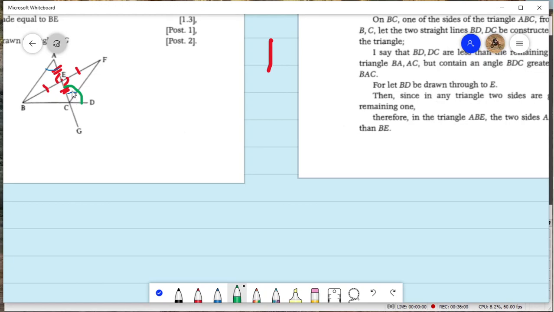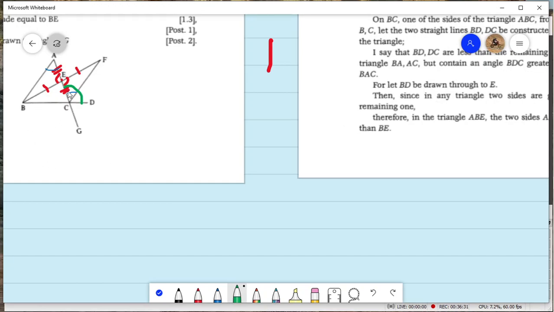Meaning, since this angle is congruent to angle BAE, then angle ACD, this green one, which is the exterior angle, is greater than this remote interior angle BAE. So we have proven that the exterior angle is greater than one of the remote interior angles.